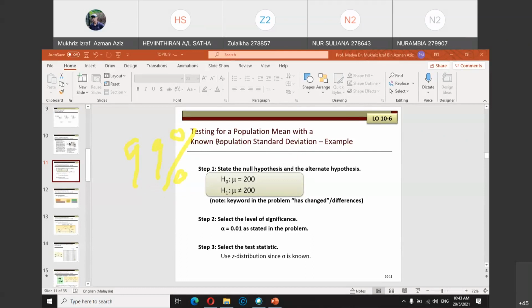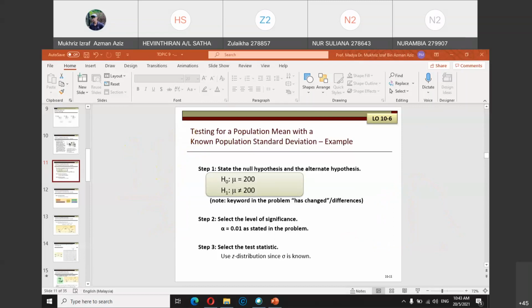So what do you do before? You divide this by 2, right? You take the 0.99, you divide by 2, what do you get?